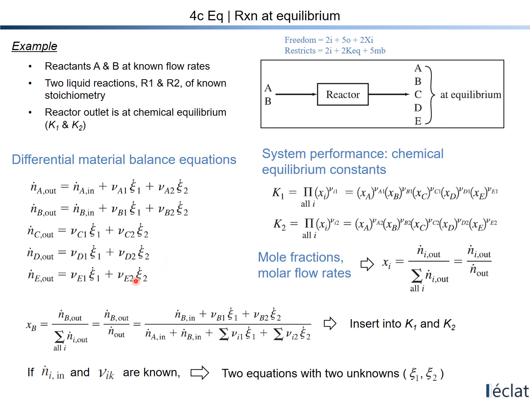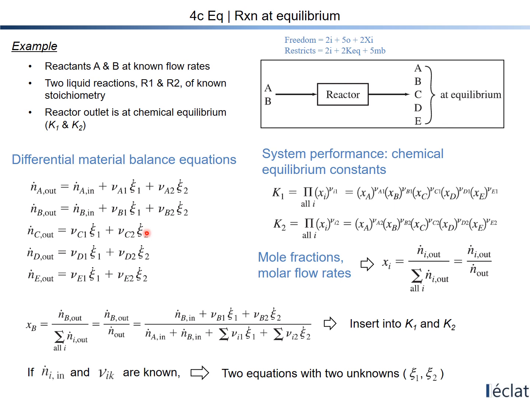So we have 5 mass or material balance equations, and in this case input variables are already given to you, and stoichiometric coefficients are given to you. Therefore all output variables are functions of xi1 and xi2.